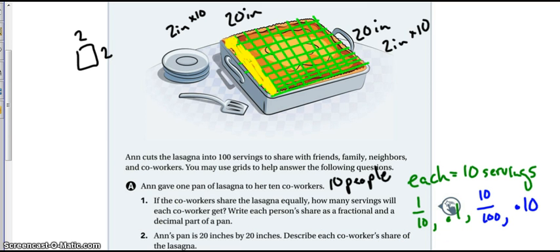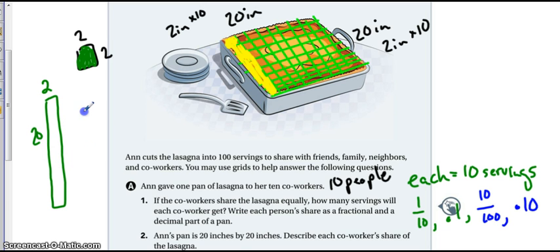Now, if Ann's pan is 20 by 20, describe each coworker's share of the lasagna. Well, remember up here I said that each person had a 2 by 2 inch square. If there were 100 people, each person would get that. Well, so this would be, they would get a strip of lasagna. Okay, so if I take that out, they would get a strip of lasagna that would be 2 inches this way and 20 inches that way.